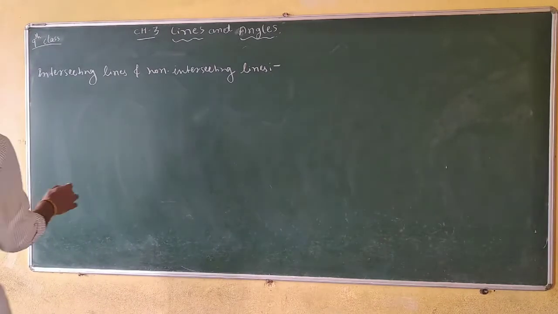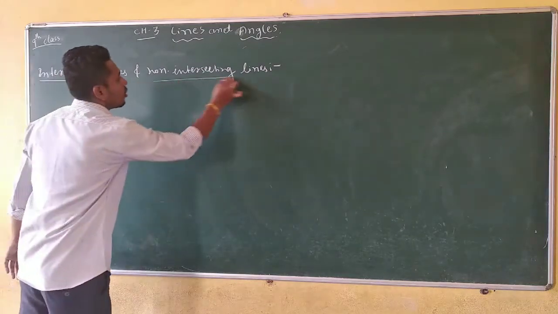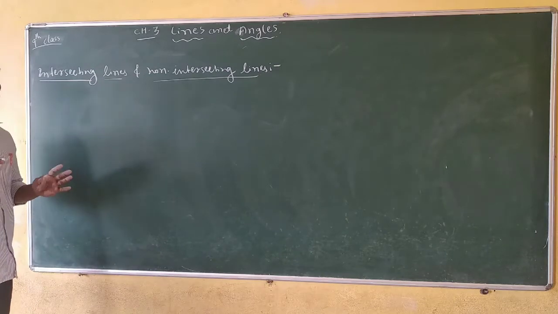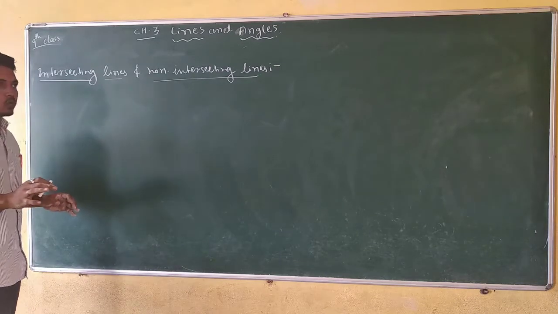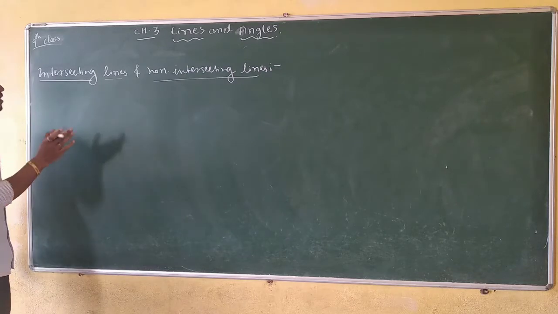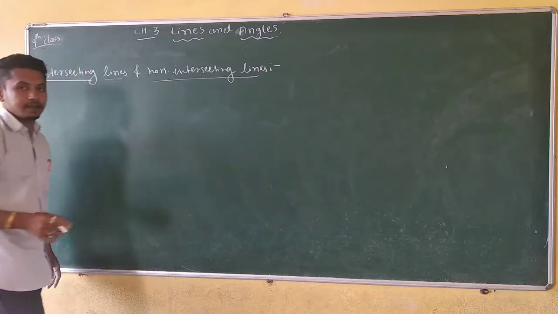Now see here, there are two kinds of lines, intersecting lines and non-intersecting lines. Take any two lines AB and PQ, and draw one intersecting line and one non-intersecting line.